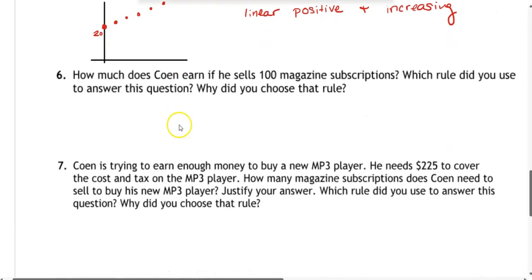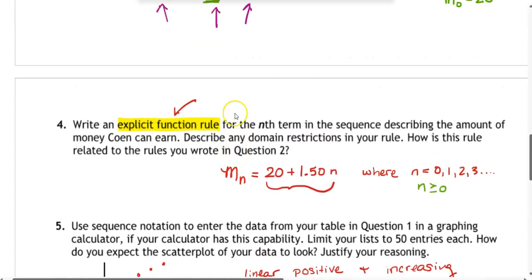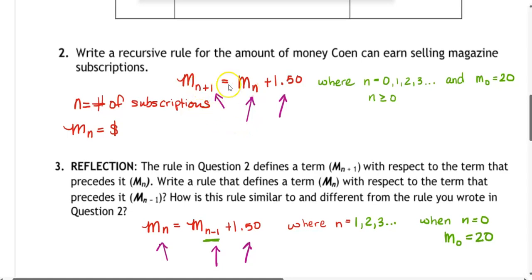So now if we look at this next one, how much does Cohen earn if he sells 100 magazine subscriptions? Which rule did you use to answer this question? So consider what you have here. Are you going to want to use this rule right here? In order to find 100 subscriptions, I would have to find what 99 subscriptions looks like, and then add $1.50 to it.